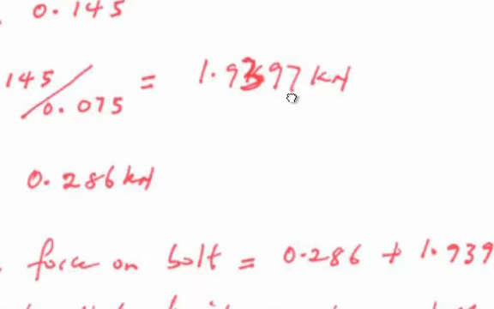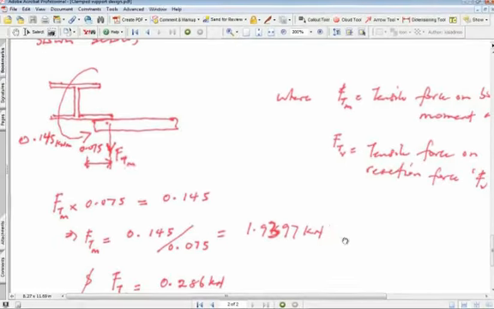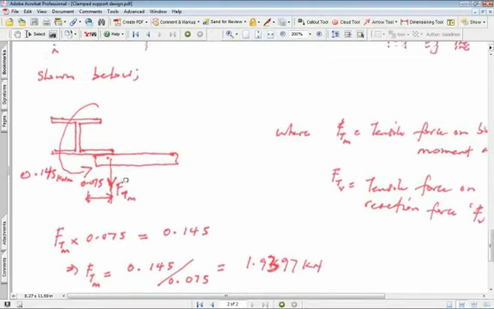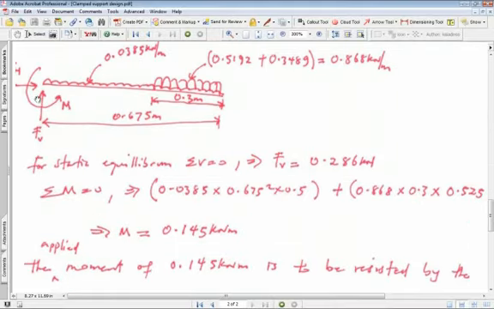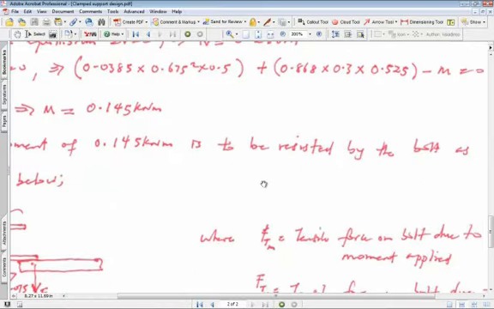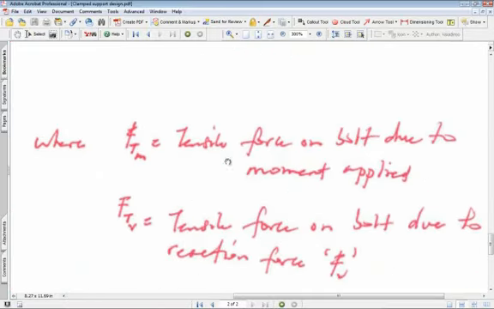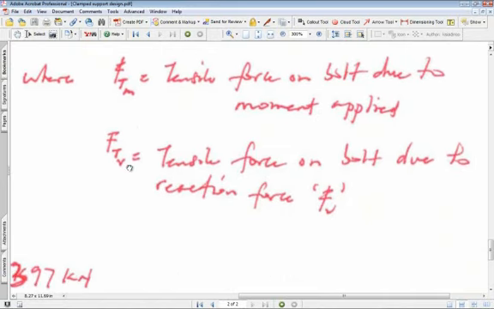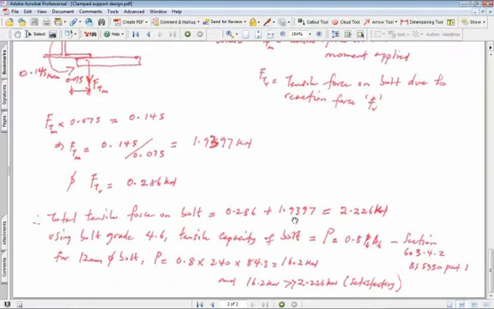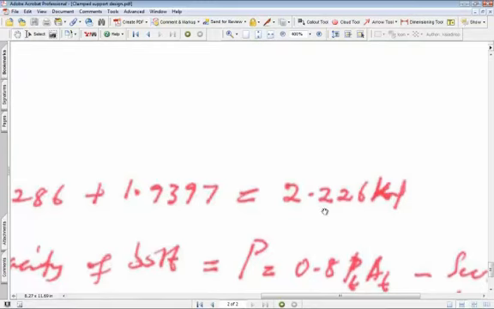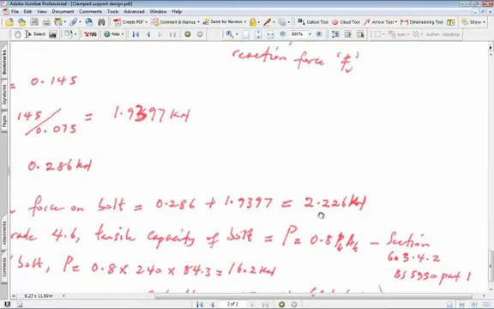We then obtain the additional tensile force the bolt is subjected to as a result of the reaction at the supports. This is the tensile force on the bolt due to the moment applied, and that is the tensile force on the bolt due to the reaction force. The total force on the bolt was calculated as 2.23 kilonewtons.